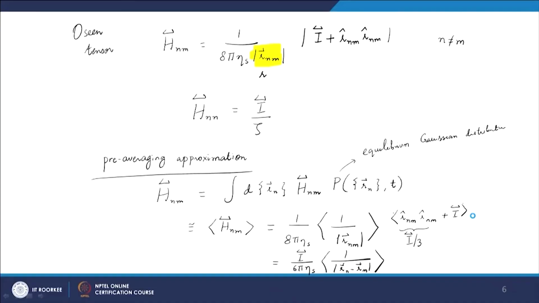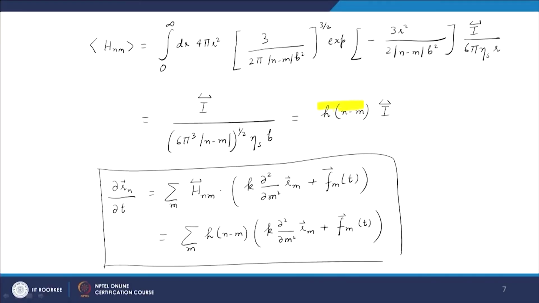For the mobility matrix, we have used the pre-averaging approximation, that is, we approximate the mobility matrix by its average value that we get by integrating, keeping in mind the probability distribution of the beads in a polymer solution that is at equilibrium, that is given by the Gaussian distribution for an ideal chain, and using that, after some mathematical manipulation, I have got a function of n minus m, that is a function of the distance along the contour multiplied by the identity matrix.